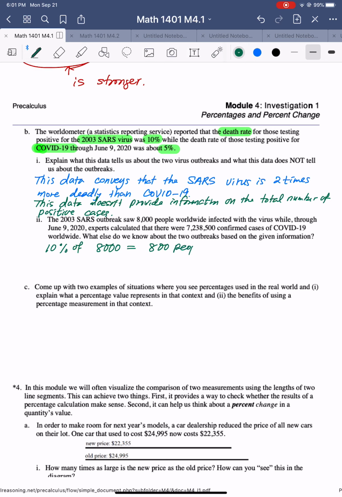For COVID-19, 5% of the 7,238,500 as of June 9th, let me use a calculator, 7,238,500 times 0.05, I have about 361,925 people died from COVID-19.